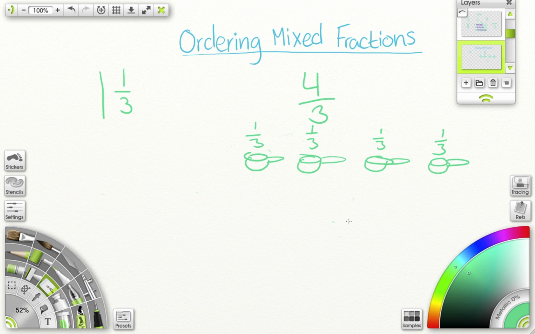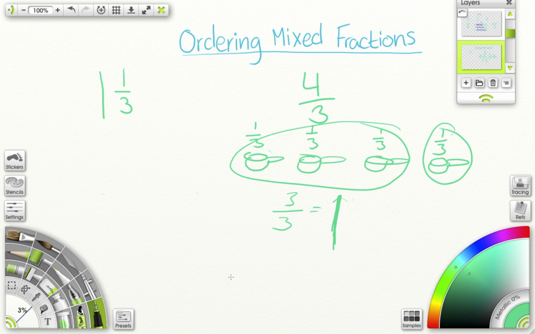What this means is 1/3 plus 1/3 plus 1/3, these 3 together create 3 over 3, which means this is equal to 1 whole. So if I put these 3 cups of flour together, that creates 1 whole cup of flour. And then I have 1/3 of a cup left over.